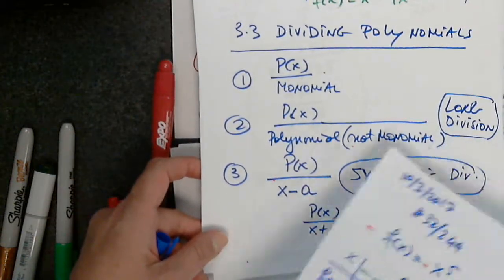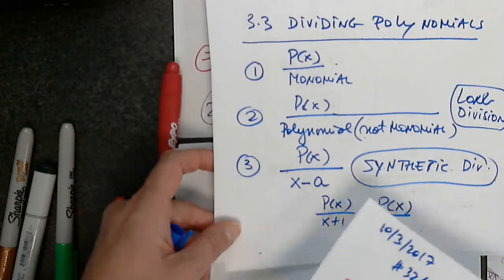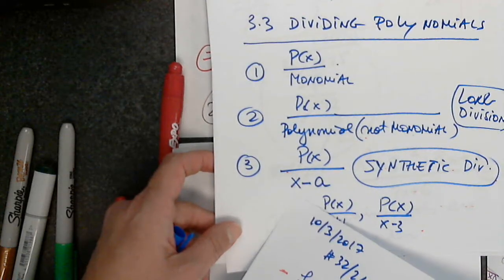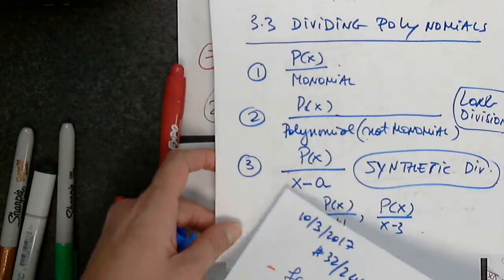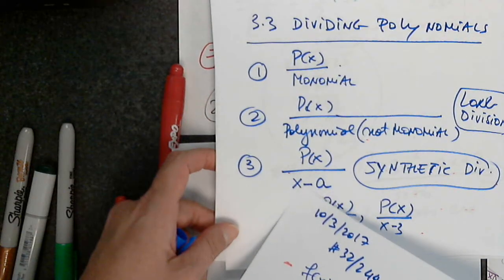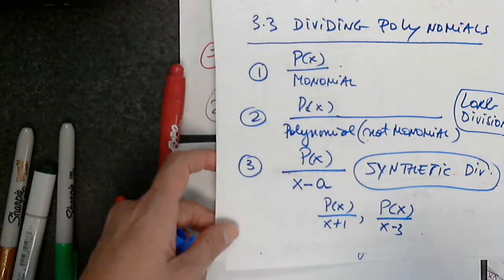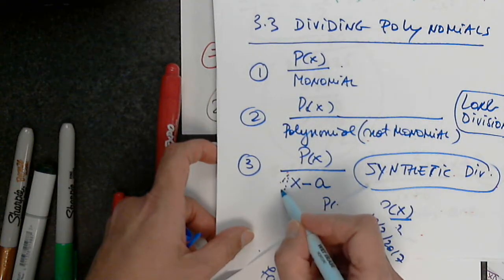This long division works for any polynomial in the denominator. The synthetic division, however, has limited applicability. I can apply it only if the denominator does not have 5 in front, or x squared, or so on. I will have to factor it out. It has to have a leading coefficient of 1.